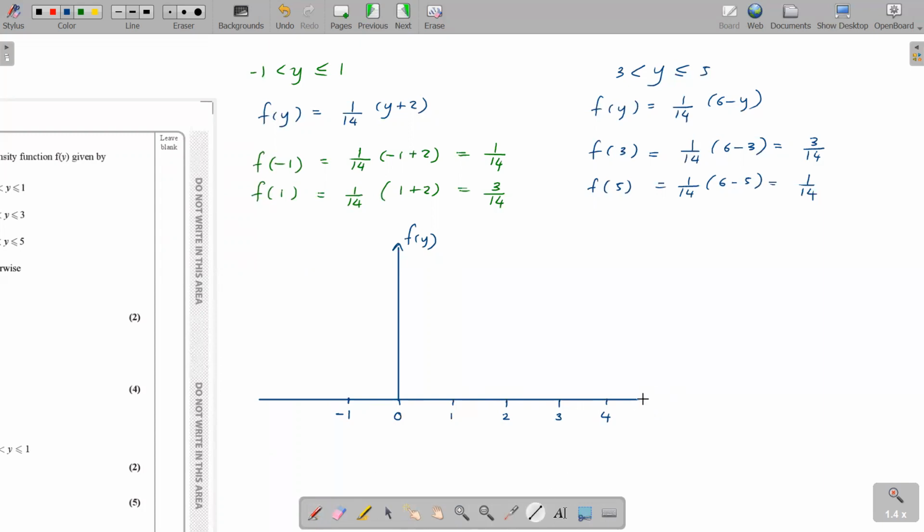Actually, it's just a rough sketch here, okay? Okay, so at -1, what was the straight line from -1 to +1? 1 over 14, right? So this is 1 over 14, the first point, and then at +1, it's 3 over 14.